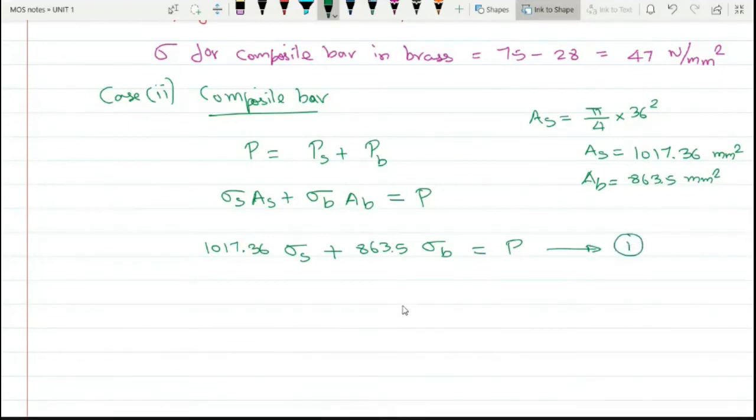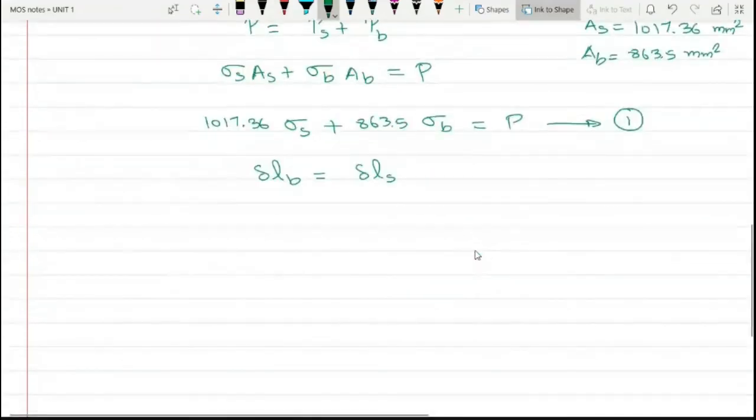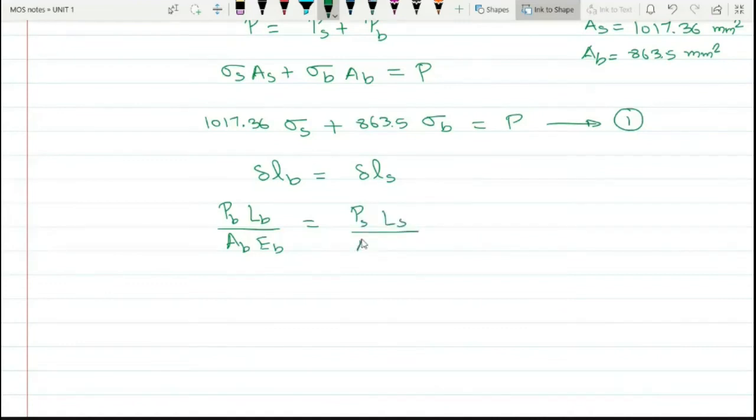Second one is that the change in length is equal. So I can say that change in length for brass will be equal to change in length for steel. So you know the formula. My formula is PB LB by AB EB is equal to PS LS by AS ES.